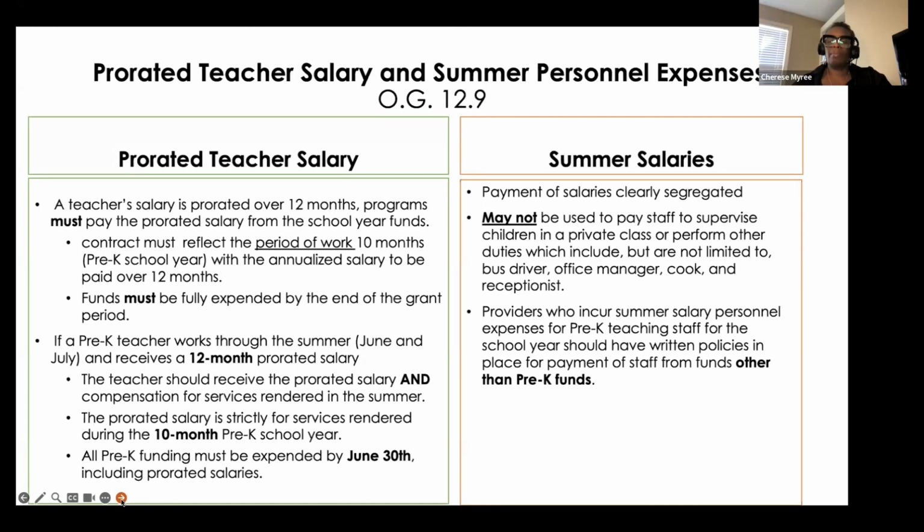Pre-K money cannot be paid to supervise children in private classrooms that are not pre-K, or for things that are not pre-K related. And so if you incur summer salary, you want to make sure you have a policy that supports how that summer salary is paid, that it is paid from funds that are not pre-K funds.